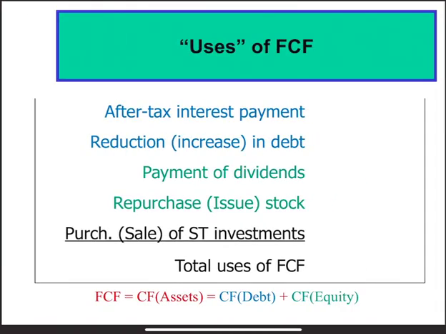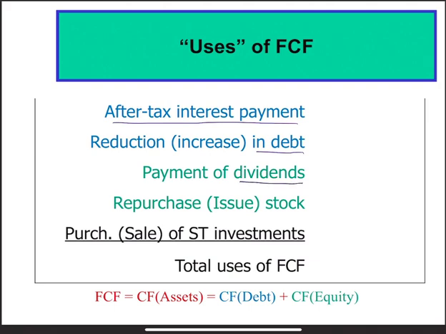So what exactly do firms use their free cash flow for? They can use it for multiple things. They use it to pay off after-tax interest. They can use it to reduce debt. They can use it to pay out dividends.